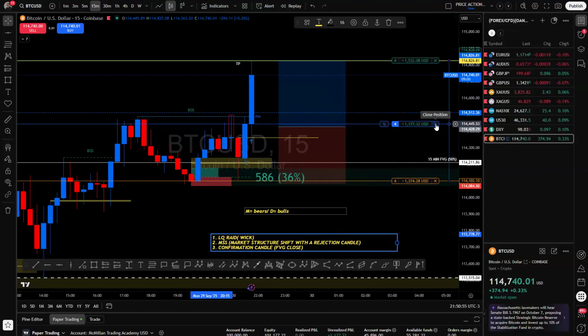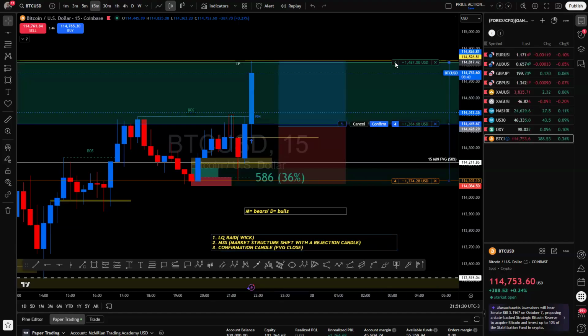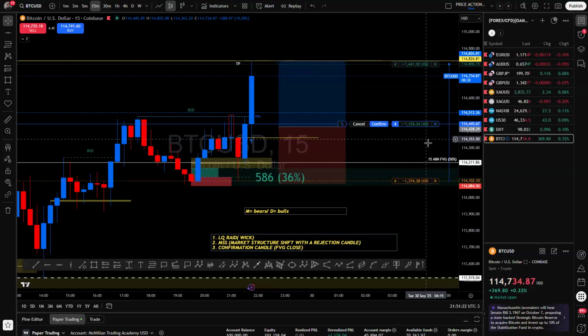If price goes up and it doesn't hit the TP, then I'm going to close it because we pretty much hit it. One more time to hit the TP, if it doesn't, I'm closing it.